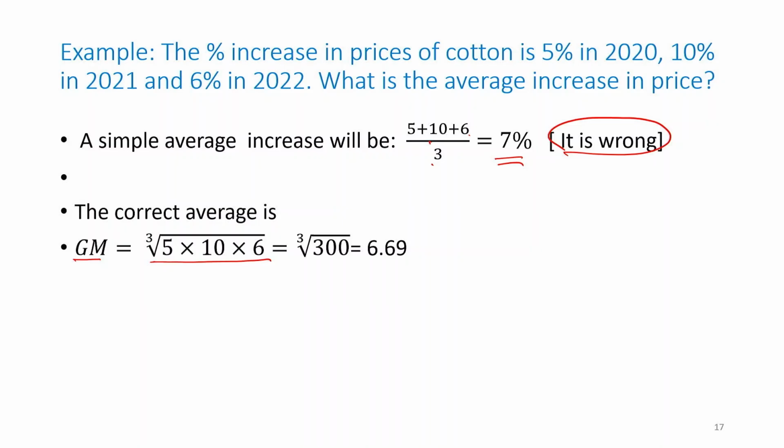It's the cube root of 5 into 10 into 6, and that is the cube root of 300. Finding this out is really difficult, but if you have a calculator or a computer, you can find it easily.